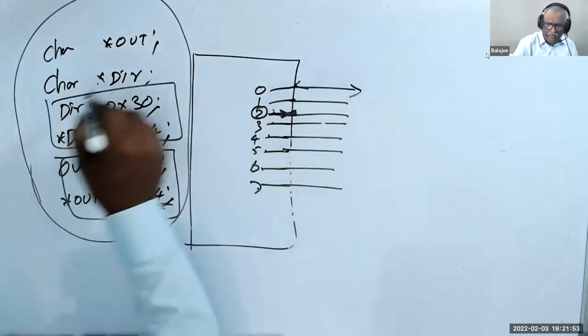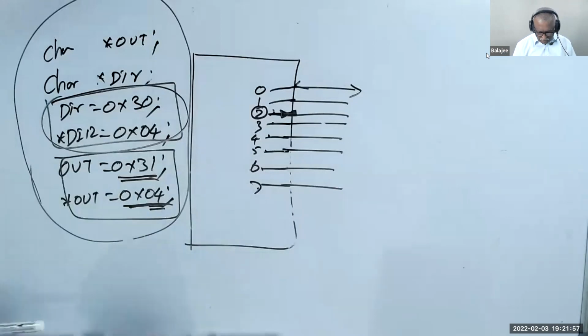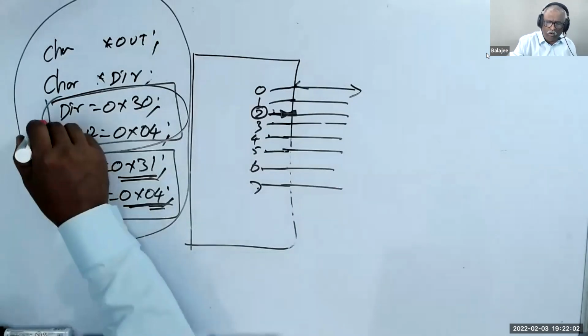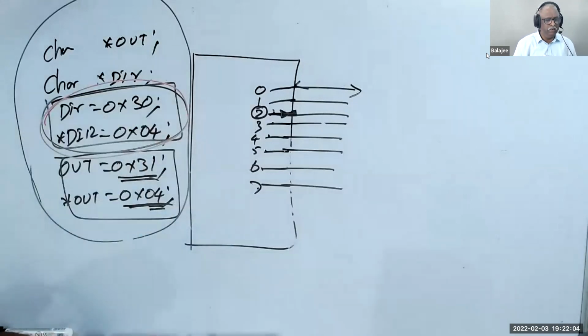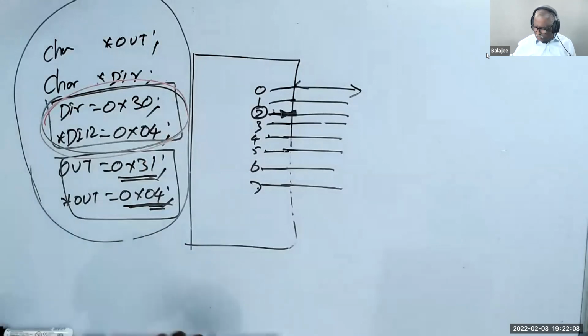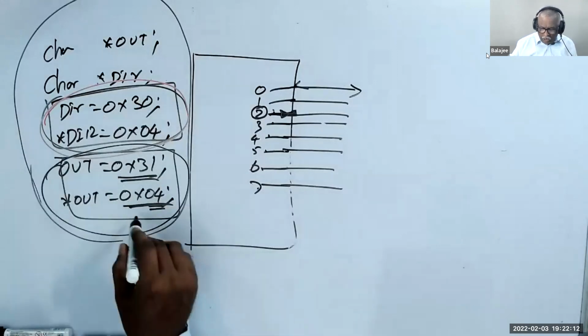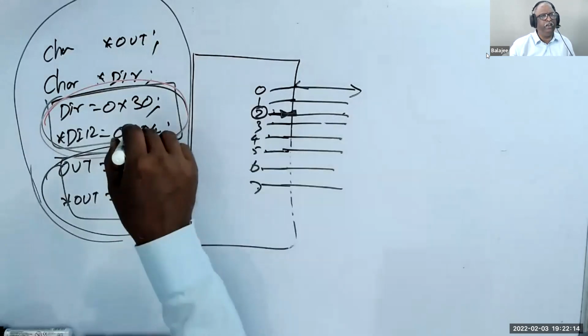That is done by this line. These two lines which I've written here are for configuration. Please don't get confused between these two lines and these two lines. This is actually outputting, and this is only configuring.